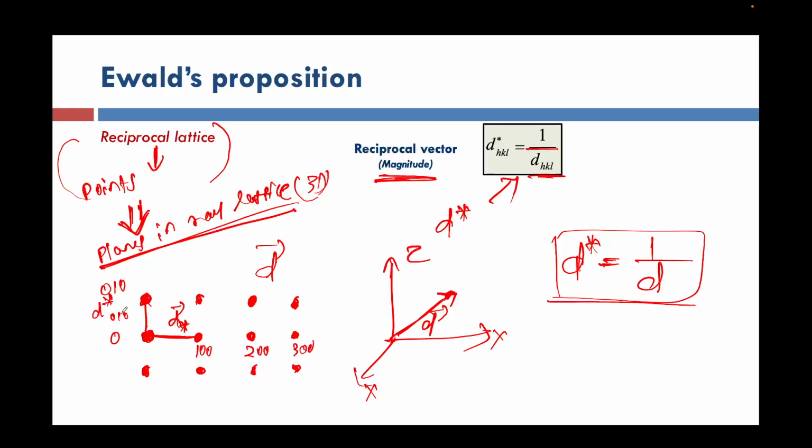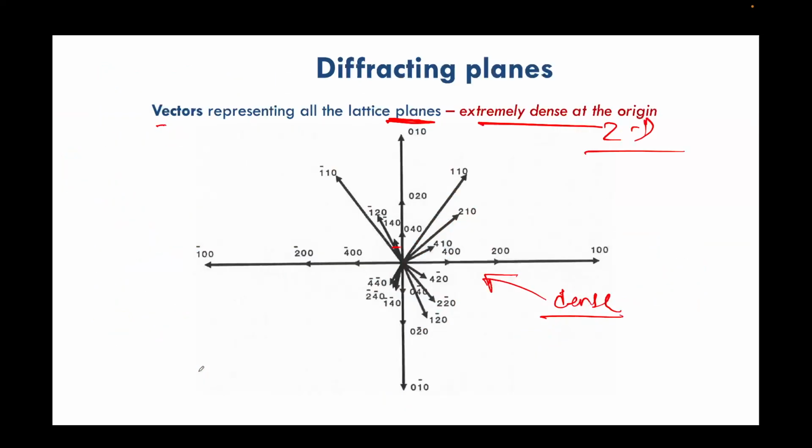So this is how he told us that you have to visualize which plane, or which plane in three dimension, or which plane in reciprocal lattice can be seen. So that actually solved all of our problem. Where the origin was dense, we were not able to see which plane was diffracting, which plane was not diffracting.